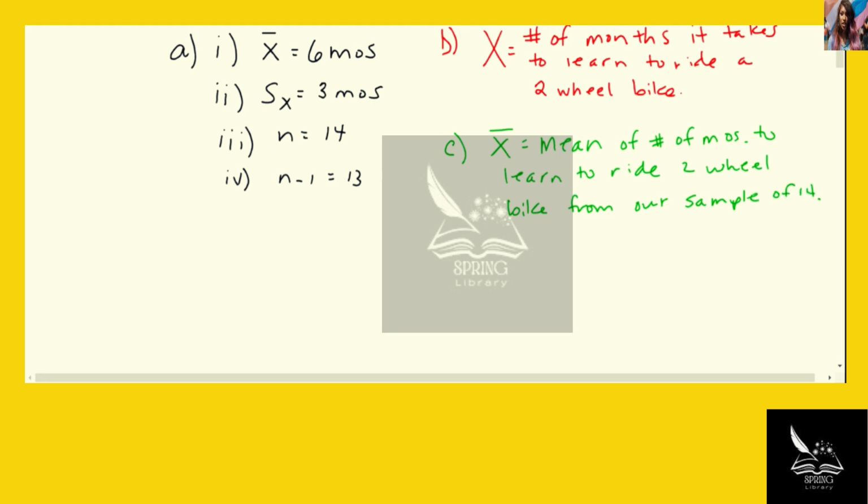So there's two big distinctions. This is more population, the number of months it takes to ride, and then this is sample.